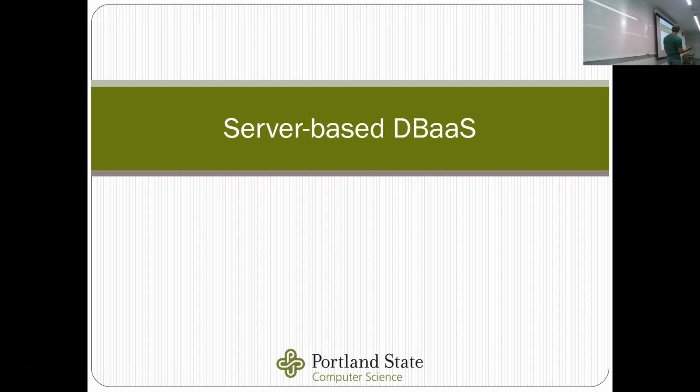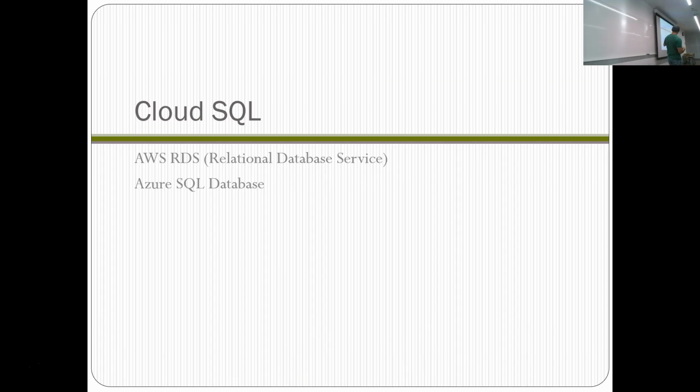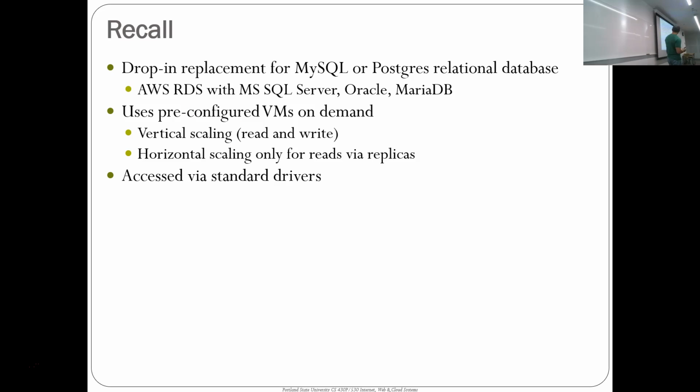Okay, so we'll first just run right through server-based databases because you've already done these labs. So Cloud SQL, RDS, and Azure SQL, which is an MS SQL service. These are just drop-in replacements. So if you have a legacy app, and that legacy app would take you years of engineering to go serverless, then your move to the cloud is to just get one of these RDS or Cloud SQL instances up and then just migrate.